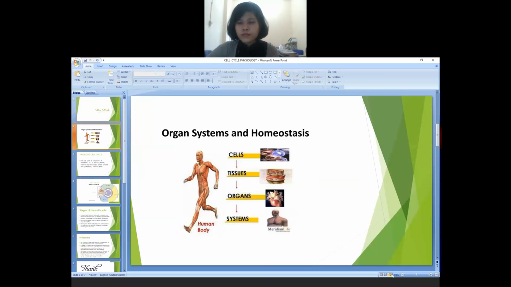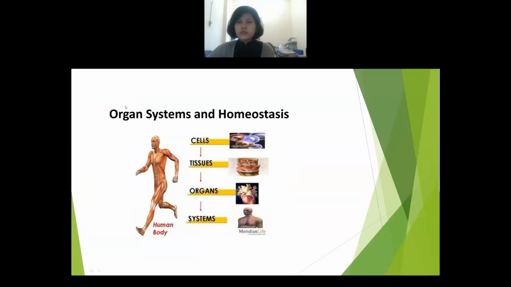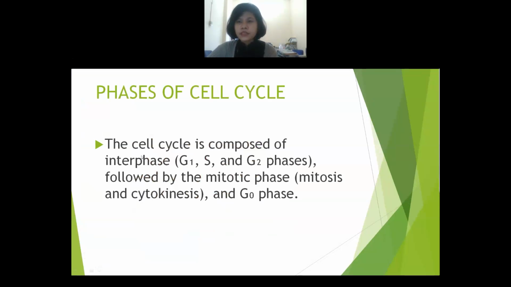Okay, so now let's talk about the cell cycle. So first, we have cells, then tissues and organs, then organ system. And the cell cycle is composed of interphase. In the interphase, what will you find?